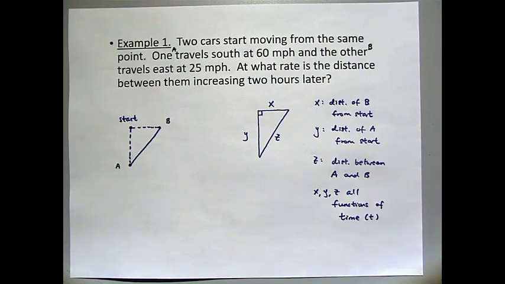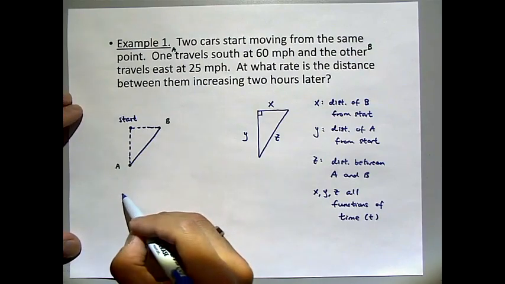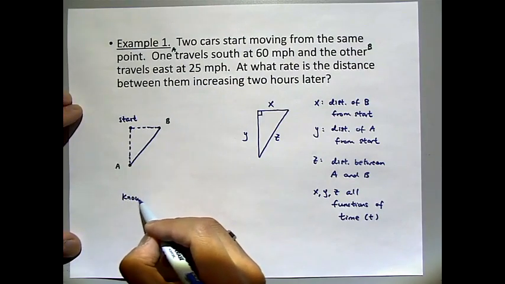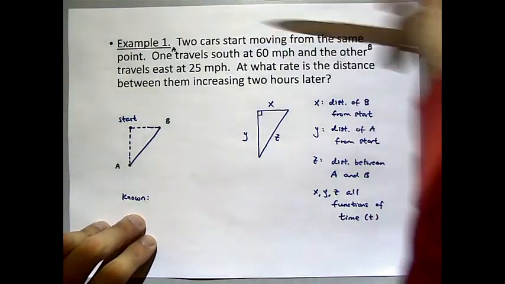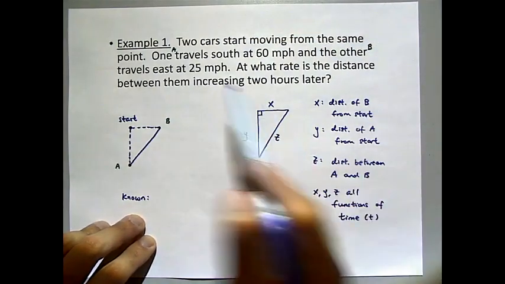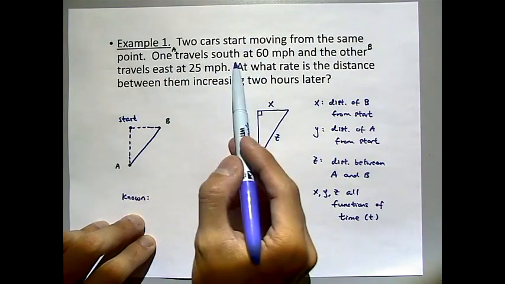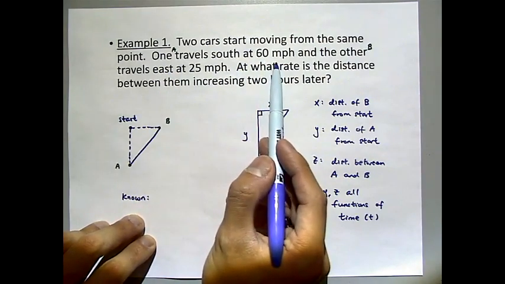Okay, so let's collect the information we know and then find out what we want to know. Let's read the problem again. Two cars start moving from the same point right here. One travels south at 60 miles per hour.